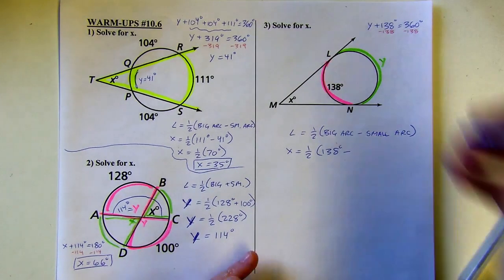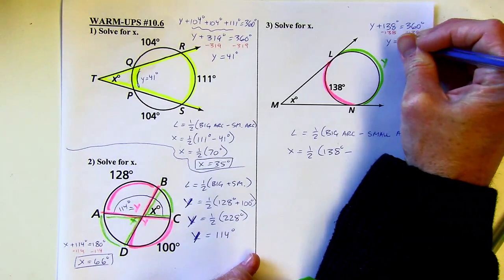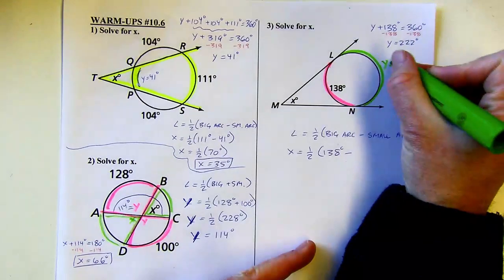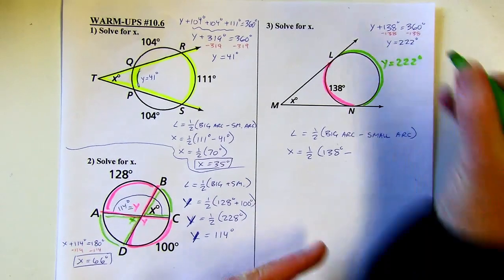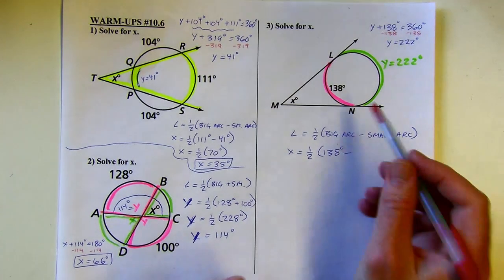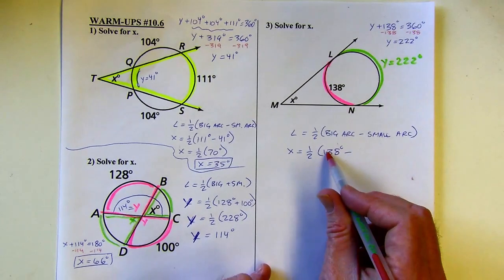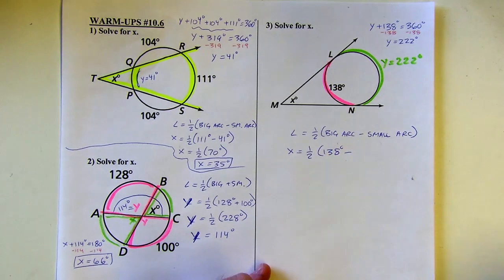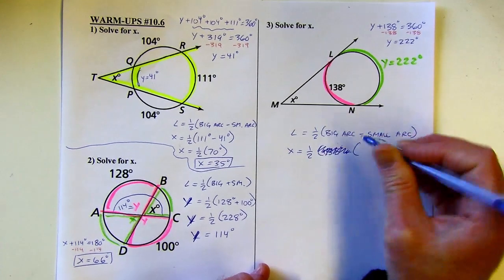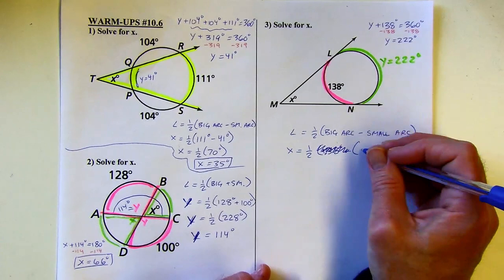And that's 222 degrees. Okay, and now, oh, I said that this is my big arc, but this is actually my small arc, right? So I wanted to say 1/2 of 222 minus 138.